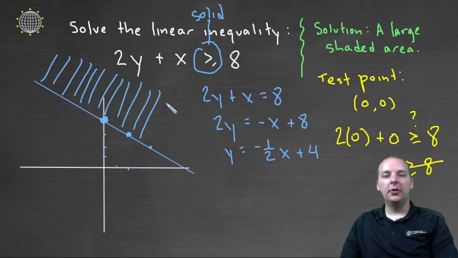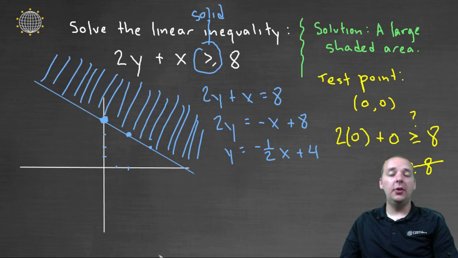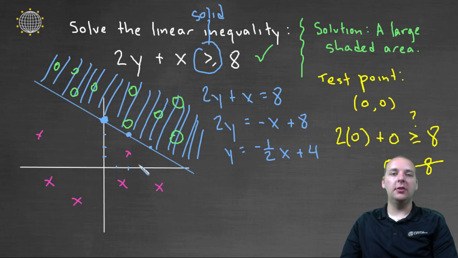What this tells the reader is that any ordered pair on this side, and you can test me on this, would make the inequality true. On the flip side, if you tried anybody on the other side of the line, they would not make the inequality true. So anyways, that's how we solve a linear inequality.